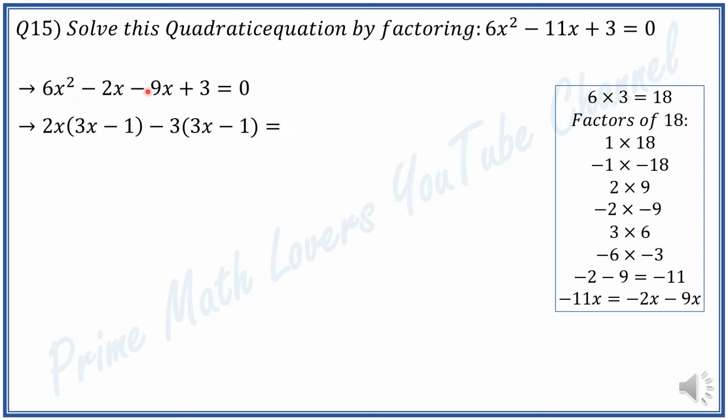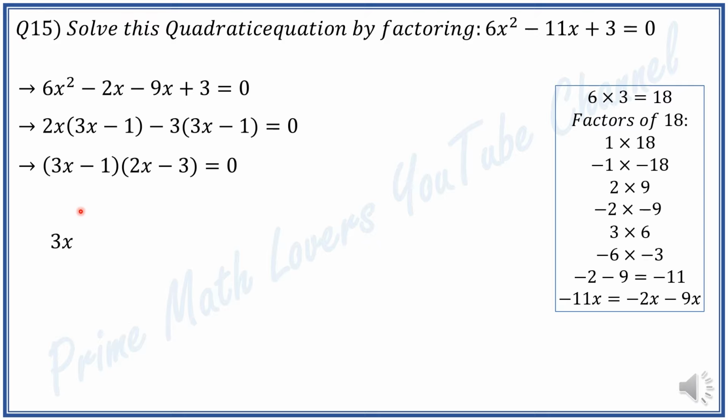And between these two, I factor out negative 3, and I get negative 3 times 3x minus 1 is equal to 0. Now we have 3x minus 1 common, so we can factor this, and we get 3x minus 1 times 2x minus 3.